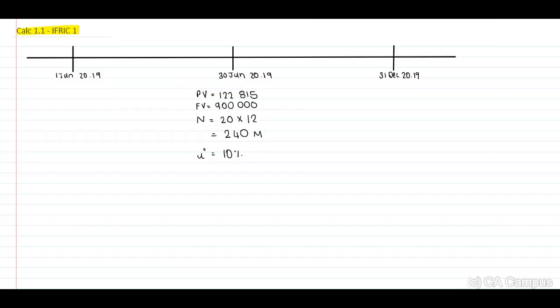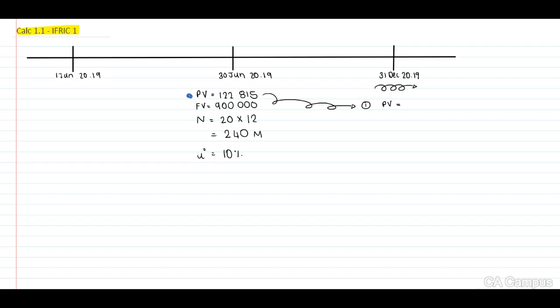Okay, therefore when you look at this, our IFRS 1, 122,815 on 30 June 2019. Okay, so now we have a change in this value, but first we need to determine what is the present value of the remaining IFRS 1, the provision.